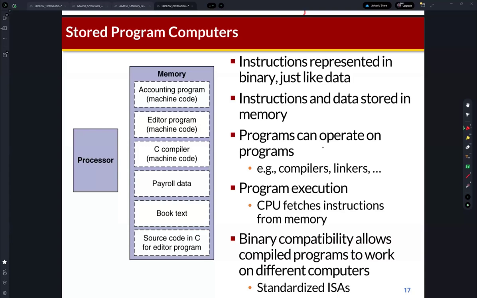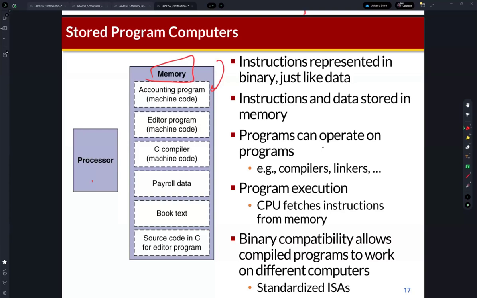But von Neumann, the genius of computer architecture, developed this stored program computer concept. It means all data, including instructions, are in memory.